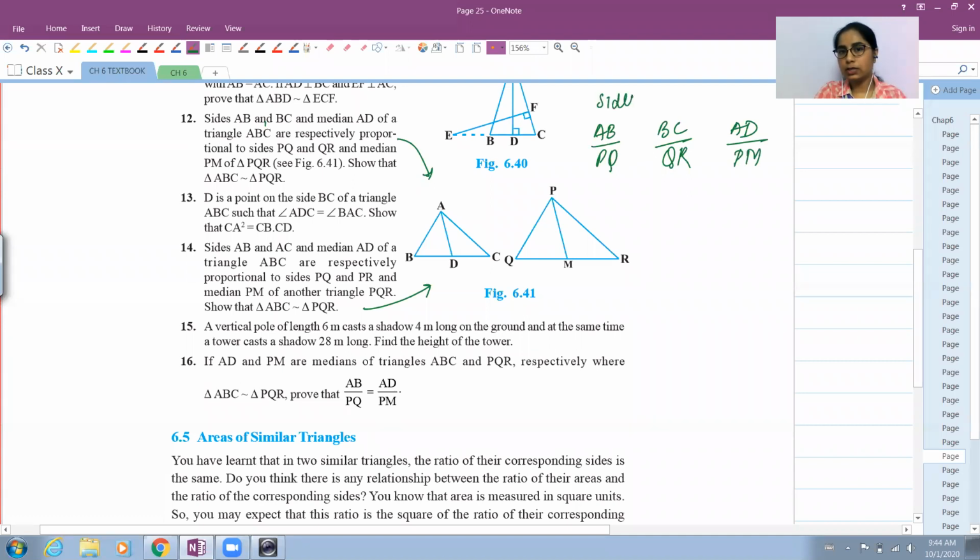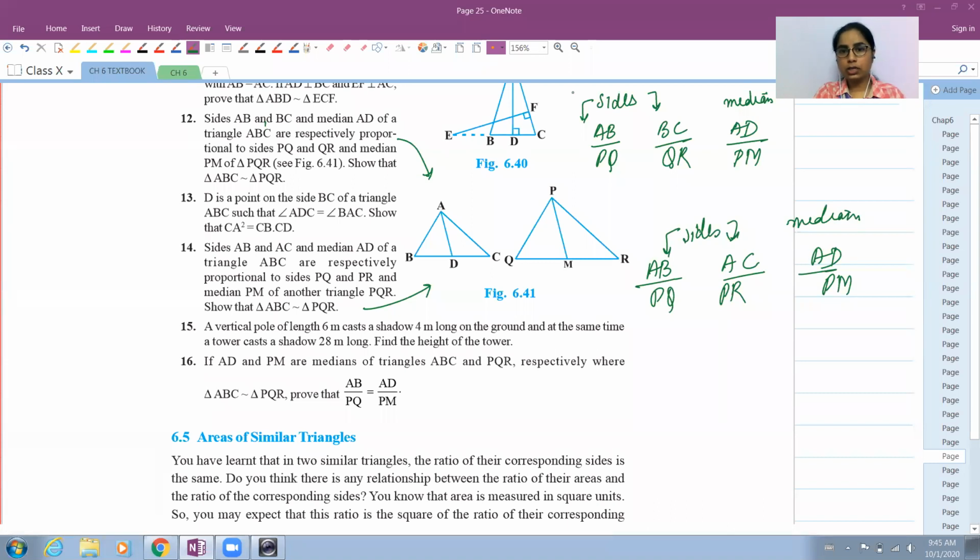So these were the sides and the last ratio was for the median. Whereas in question number 14, you have sides AB, AC and the median along with the sides of the second triangle as PQ, PR and the median PM. So this time the sides are these and the median is the same.